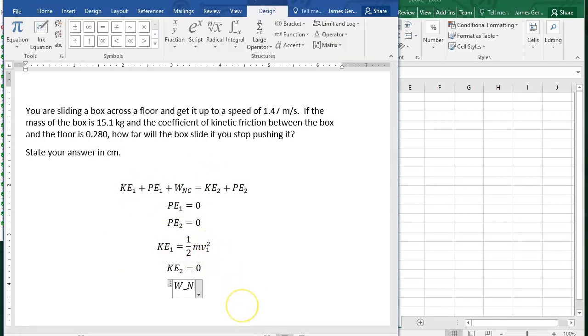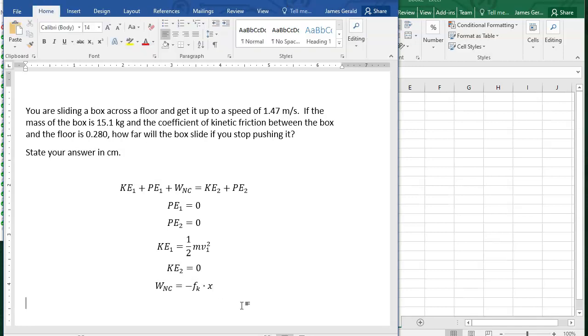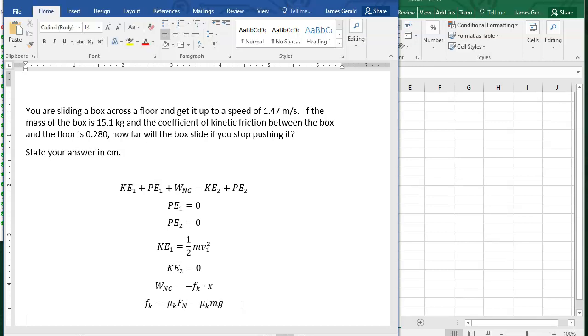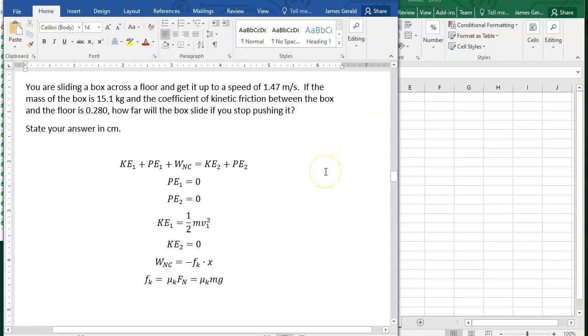Well, the work from non-conservative forces is minus the force, in this case the force of kinetic friction, times the distance that it slides through. And the force of kinetic friction is just mu k times the normal force, which is mu k mg, because the normal force is equal to the weight.